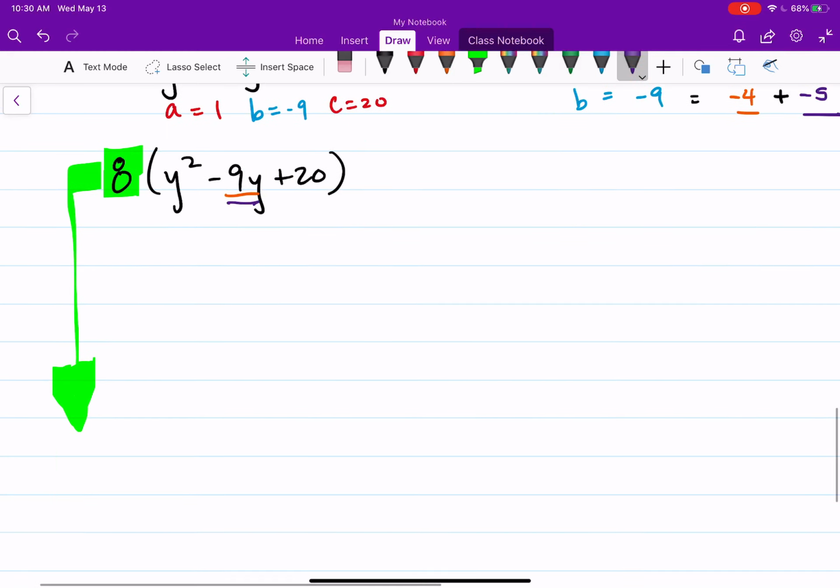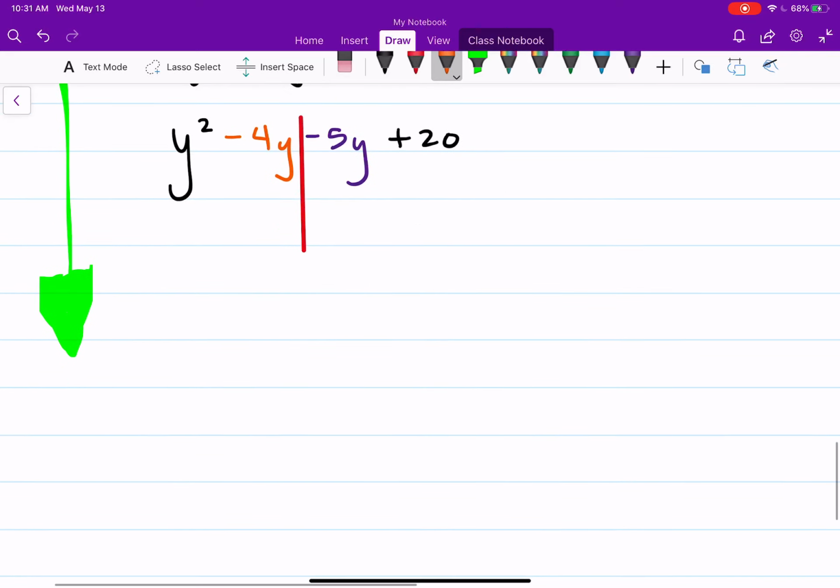So I'm going to have y squared minus 4y minus 5y plus 20. Then I got 4 terms, so I split it down the middle. I do the GCF on the first group, which is a y, leaving me with y minus 4.